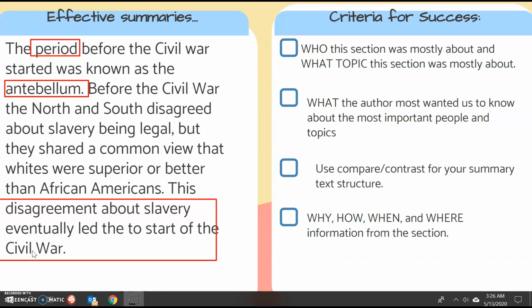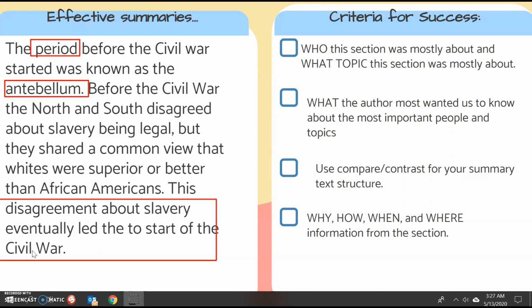I also want to know why, how, when, and where. The information is from each section. Sometimes the same piece of text answers both. So, as you can see, my summary follows this criteria for success.